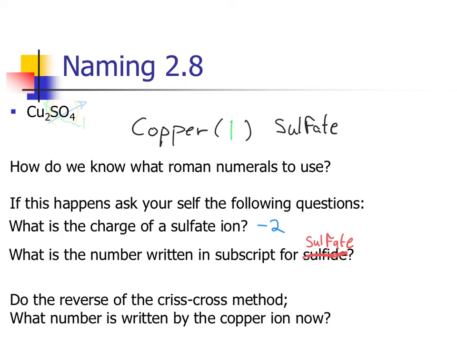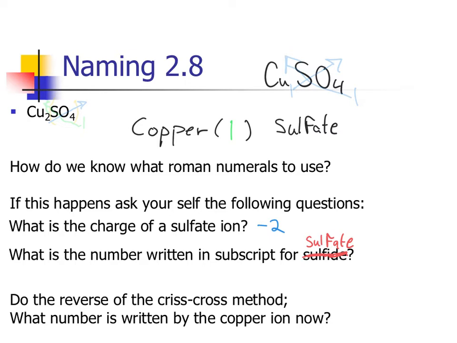If we did not, say we had something written like so, well, we would have a 1 and 1 situation where we would look at this and say, well, I have a 1 down here and a 1 down there. If I do my reverse crisscross, I would say that the sulfate ion would have a -1 charge. I can look to verify whether or not that's correct.